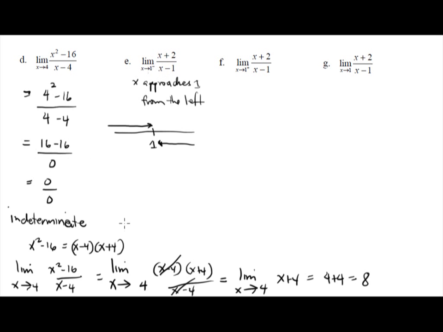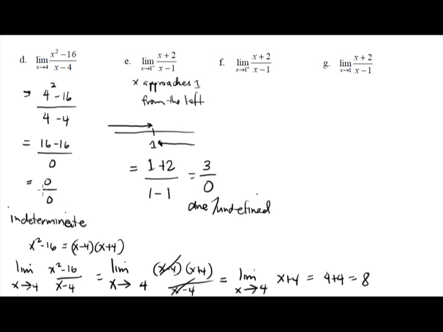If we try substitution, the limit is 1 plus 2 over 1 minus 1, taking note that I'm replacing x by 1. And this is 3 over 0, which we know does not exist, or sometimes we name it as undefined.